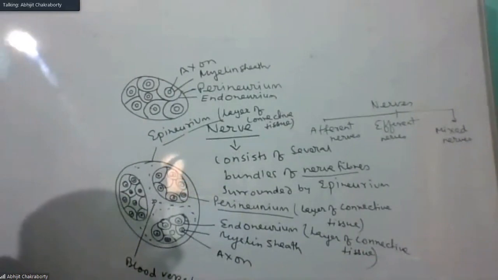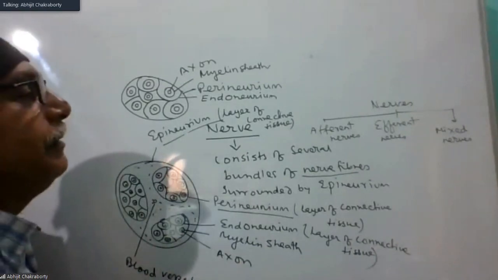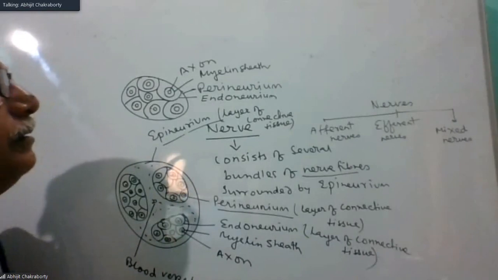So what I say, nerves are of three types: afferent nerves made of sensory neurons, efferent made of motor neurons, and mixed made of both sensory and motor neurons.